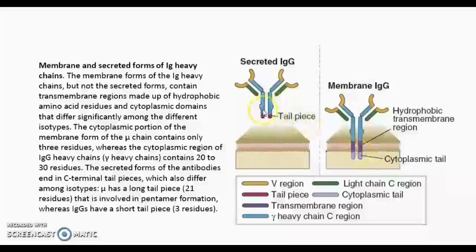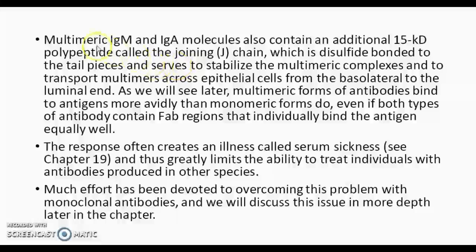Secreted immunoglobulin molecules are mostly monomeric. The multimeric immunoglobulins like IgM and IgA also contain an additional 50 kilodalton polypeptide called the joining chain, which binds the multimeric molecules to each other.